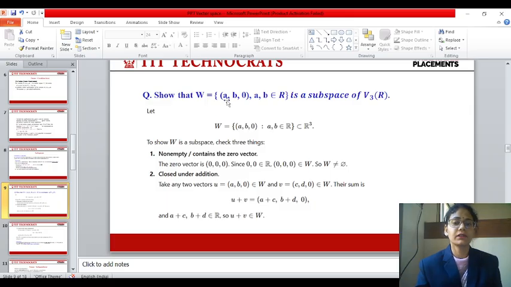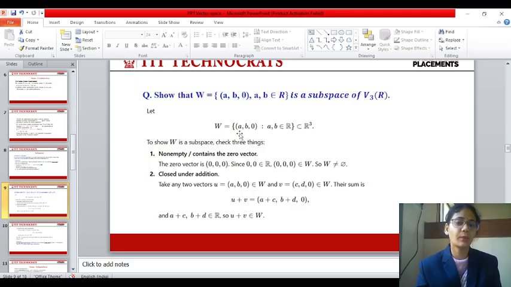Now suppose we have an example. The question is, show that W, which is (a, b, 0), where a and b belong to real numbers, is a subspace of V3 over R. So let W be this. Here the condition is that the first and second elements of W should belong to real numbers, and the third element should be 0.